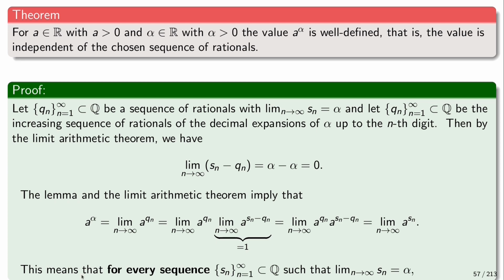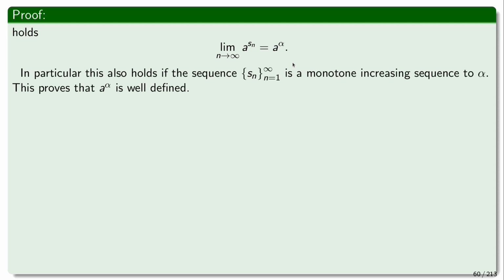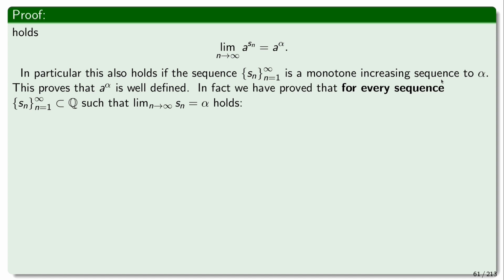This means that for every sequence of rationals, monotonic or non-monotonic, that converges to alpha, this limit is a to the power of alpha. So this is well defined indeed. That's an important step. As I said, it's valid whether Sn is monotonic or not, and in fact this holds for every sequence that satisfies this.